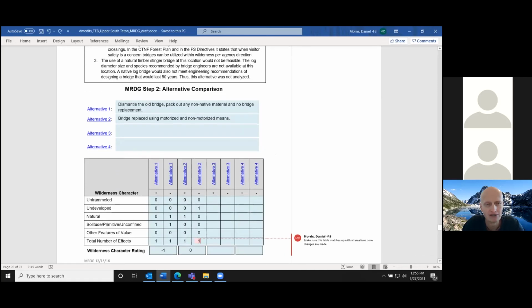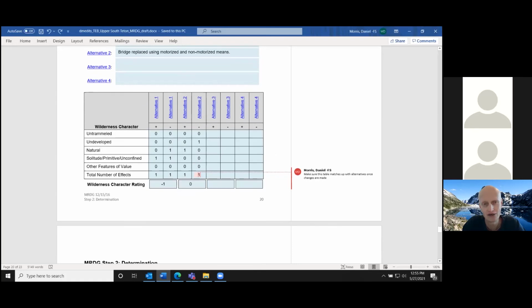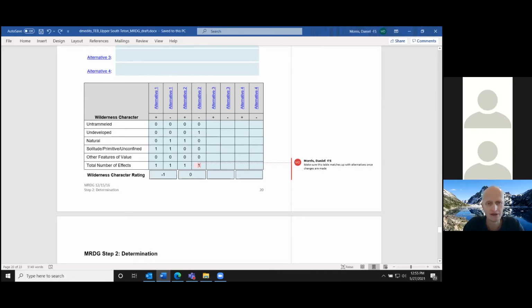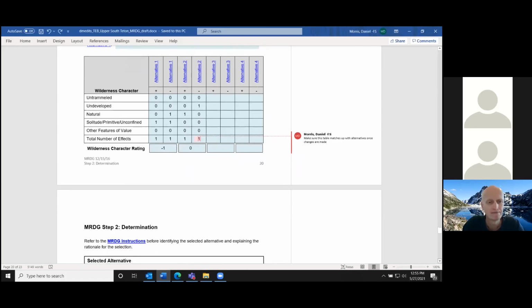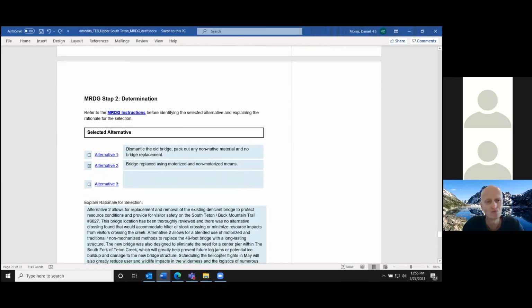So we ended up with just 2 alternatives. Again, with a Word document, it doesn't pre-populate, so you want to make sure you're consistent with what you set up above. And then we jump into the determination.